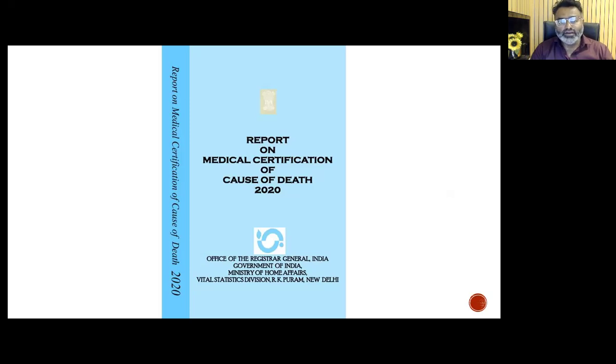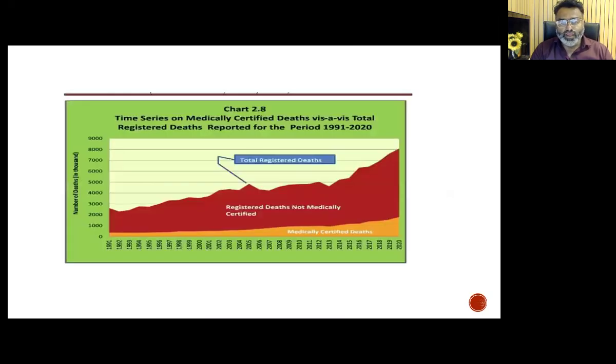Every year, this department publishes the report, and it tells graphically, pictorially, what the different causes of death are. Now, if you look at this data from 1991 to 2020, look at the total registered deaths. This orange line is medically certified deaths, and this red one is registered deaths but not medically certified.